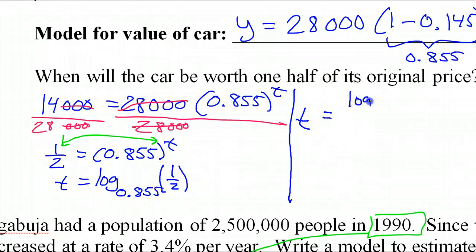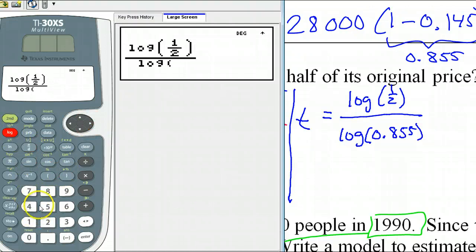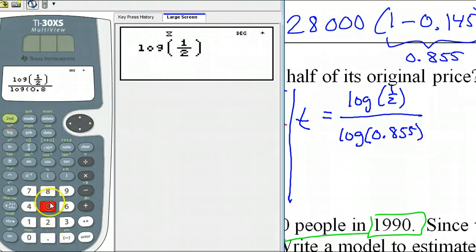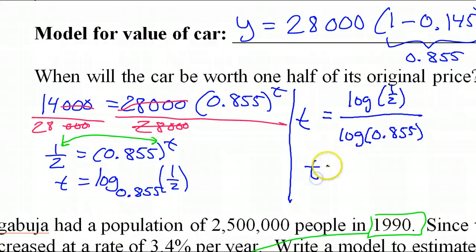So I have to do log 1/2 over log 0.855. Just put that in your calculator. Log 1/2 over log 0.855. So you get 4.42. So that's 4.42 years.